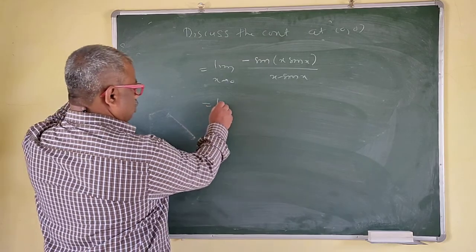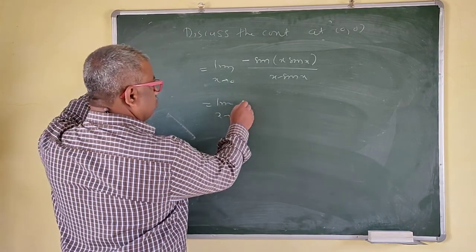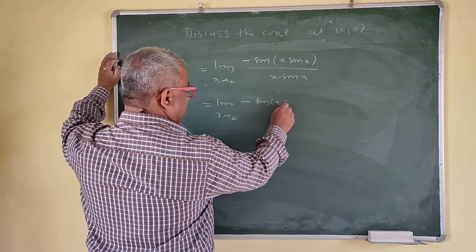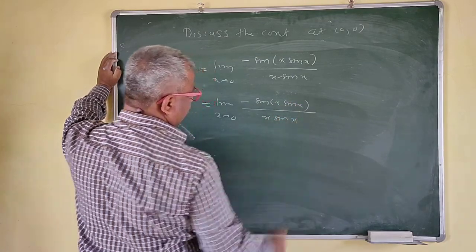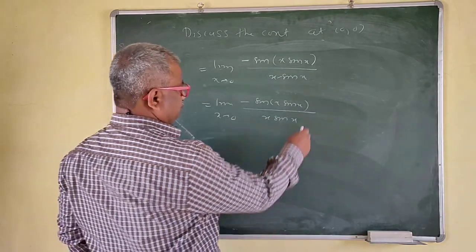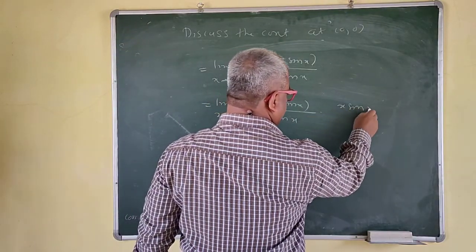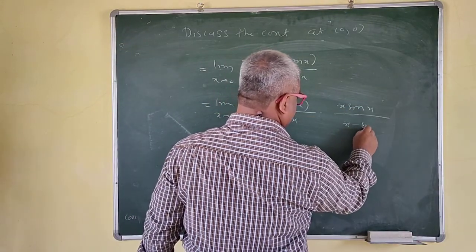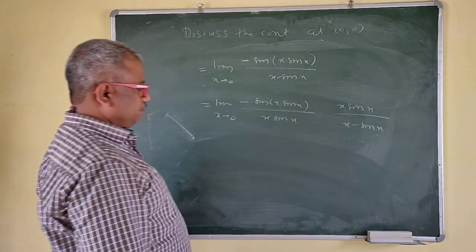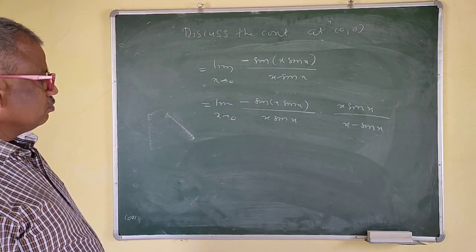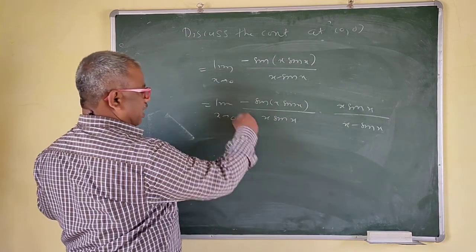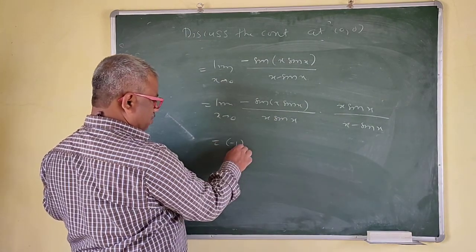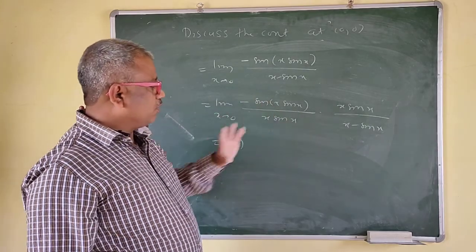So this is limit x tends to 0, minus sin x upon x sin x into x sin x upon x minus sin x. Right, so this will be the minus 1, because sin 0 upon 0 is 1.